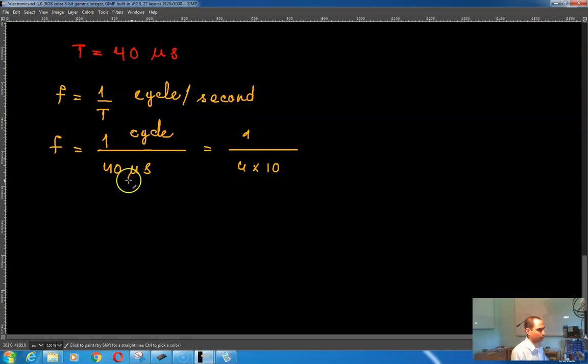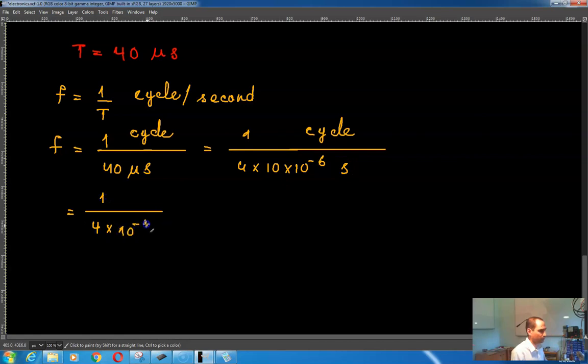Micro is the same thing as 10 raised to the power negative 6 seconds, and over here you have one cycle. So that becomes 1 over 4 times 10 raised to the power negative 5, cycles per second.